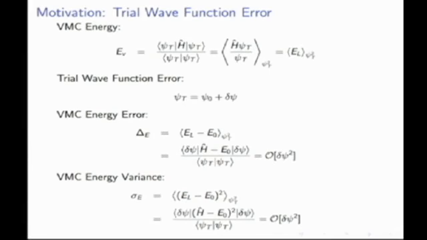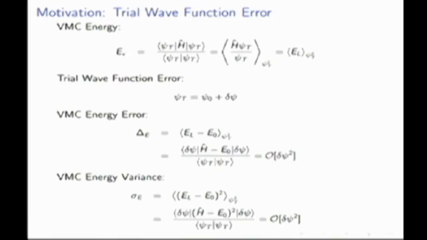And the variance is an important quantity as well, because this controls the statistical efficiency of our variational Monte Carlo algorithm. With a smaller amount of variance, we're able to compute these expectation values with smaller error bars and in a much more rapid time.